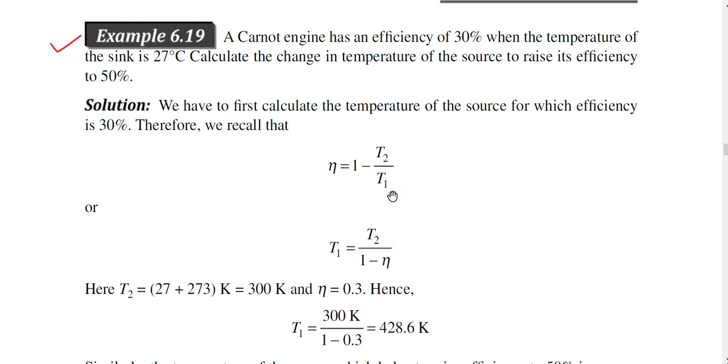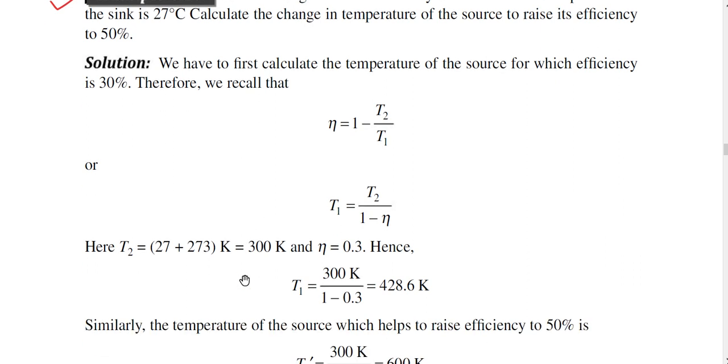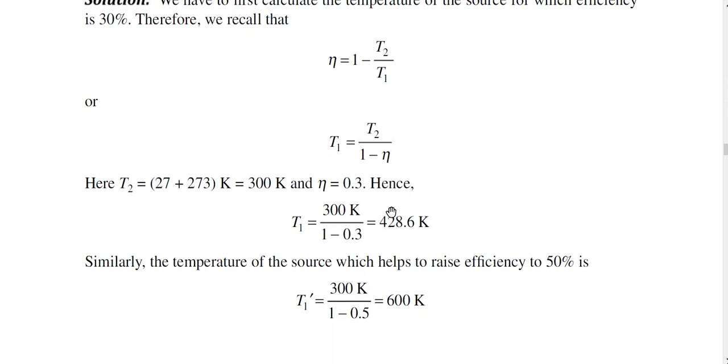I can rearrange this equation and write T1 is equal to T2 by 1 minus eta, where T1 is the temperature of the source and T2 is the temperature of the sink. T2 is given here, 27 degrees centigrade, means 300 Kelvin. From this equation we can estimate that the value of T1 is 428.6 Kelvin. In the second case, you want to increase the efficiency to 50%. Again we use this formula, but we write T1 prime, because in the second case the temperature of the source will be higher.